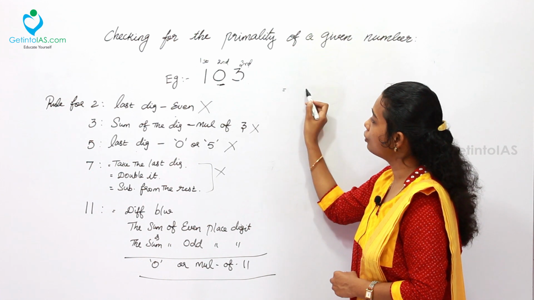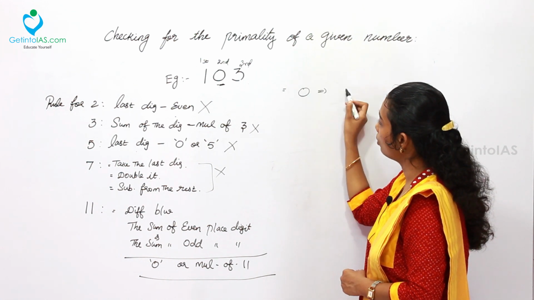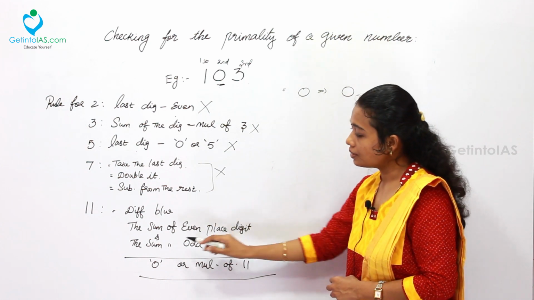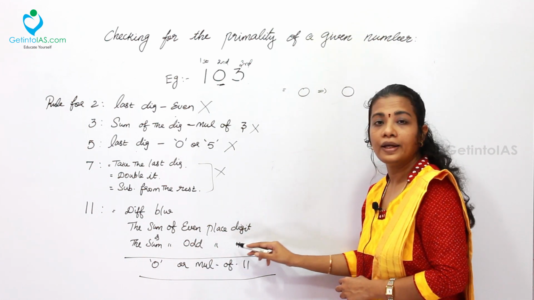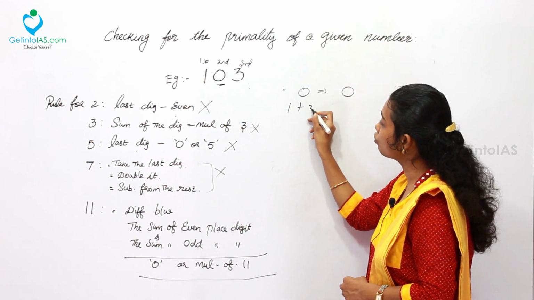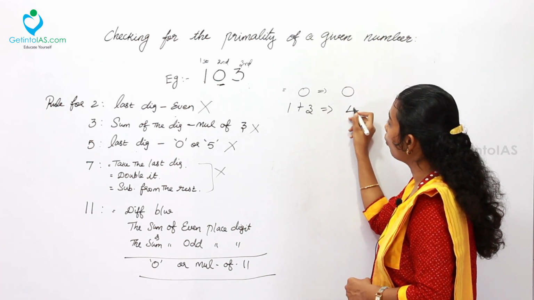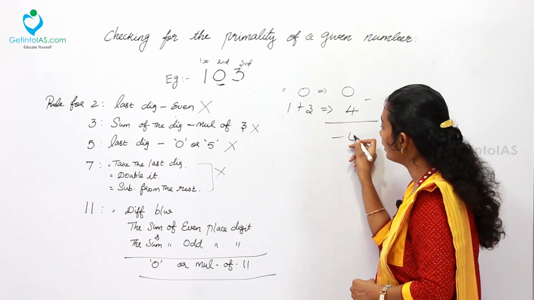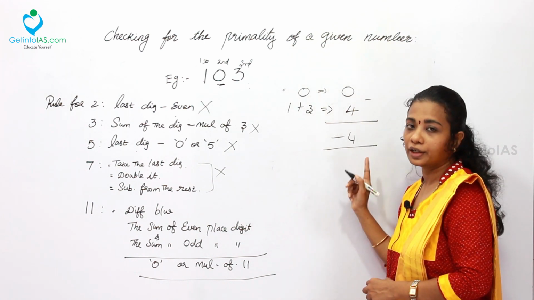So the second place has 0, and no other number is to be added to it, so 0 plus 0 is 0. Then the next one is the sum of odd place digits. First place and third place, that is 1 plus 3, which is 4. Now I am subtracting 4 from 0. I am getting the negative answer, minus 4.